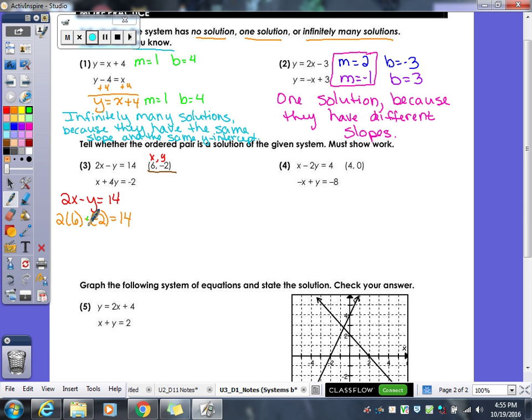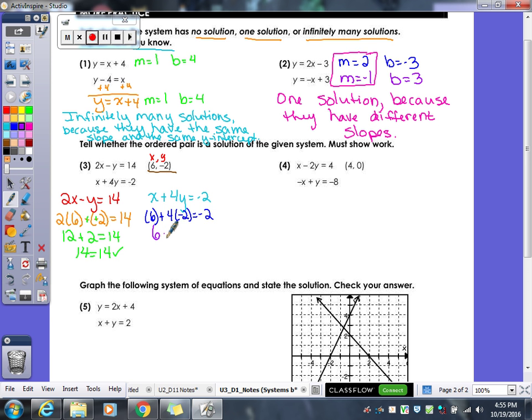Keeping in mind when I minus a negative, that really means I'm adding it. So 12 plus 2, that does in fact give me 14. So that checks out. It works in the first equation. I'm going to test to see if it works in the second equation now. It's got to work in both in order to be a solution. So I plug my 6 in for x, my negative 2 in for y.